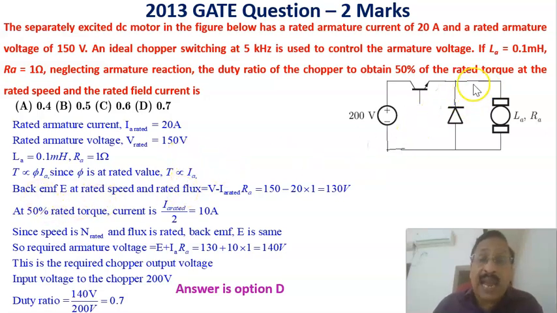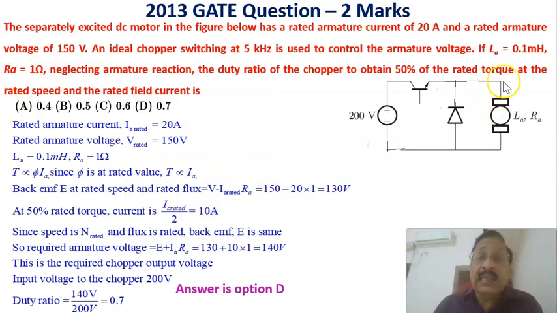Now the relation of the back EMF, applied armature voltage and the armature resistance drop is given by V equal to E plus IaRa, or the back EMF equal to the armature voltage V minus Ia, the rated value of current, 20 amperes, into Ra.